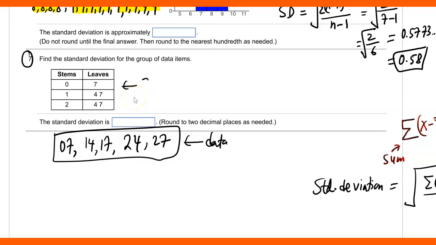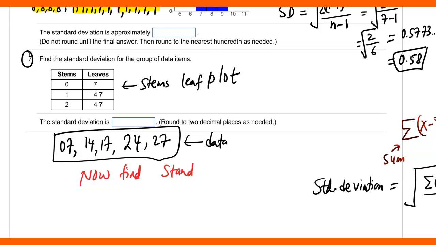Okay, this is called a stem and leaf plot, and from the stem and leaf plot, you will find the data items. Now find the standard deviation as before.